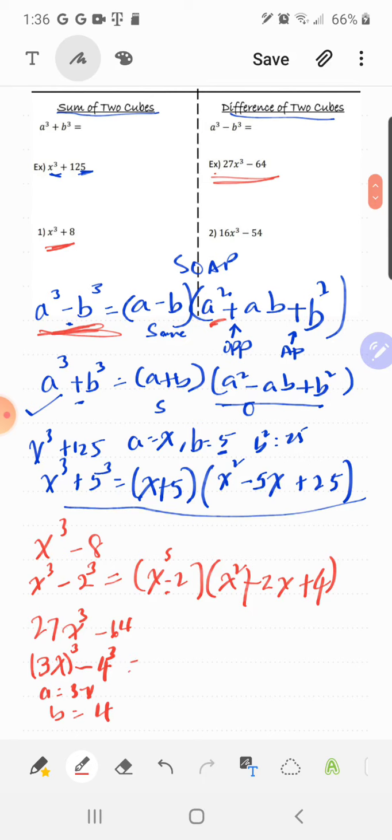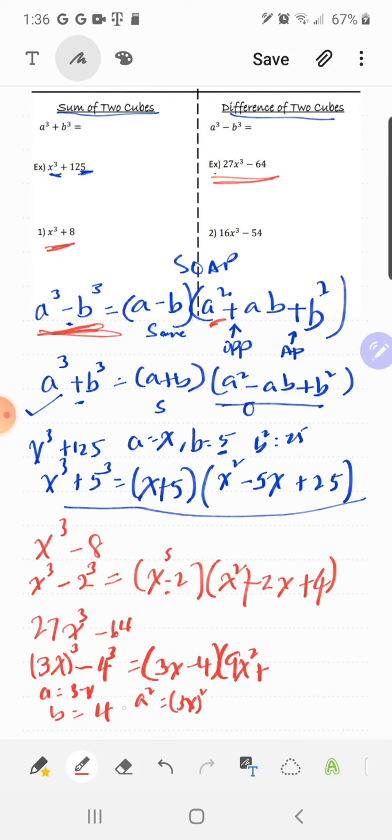So just apply the formula again. It's a minus b, which is 3x minus 4, times a squared. Here a is 3x, so a squared would be 3x squared, but this 3 is getting squared too, so it is 9x squared, plus, opposite sign, a times b.